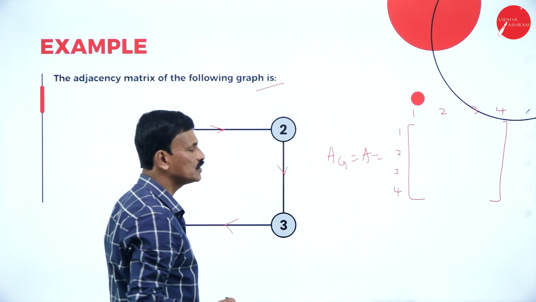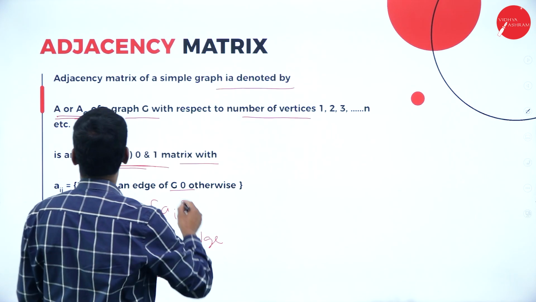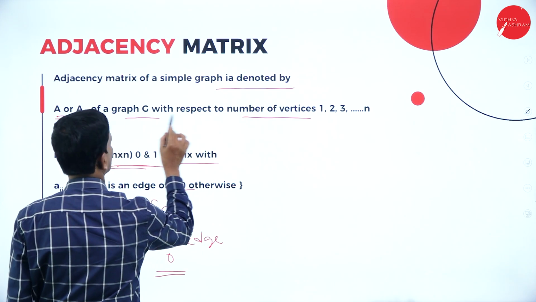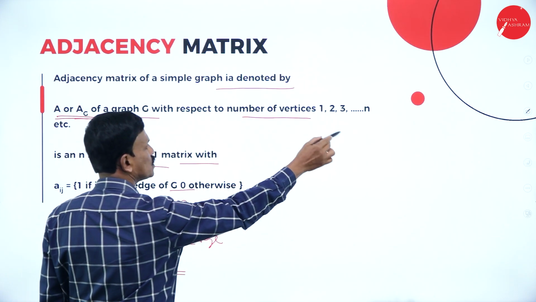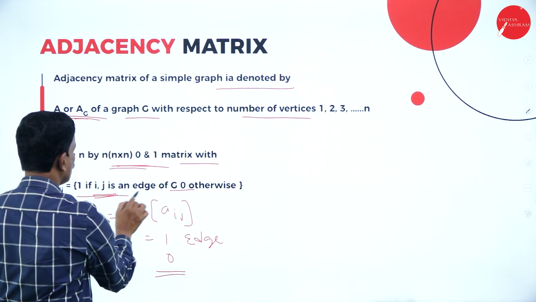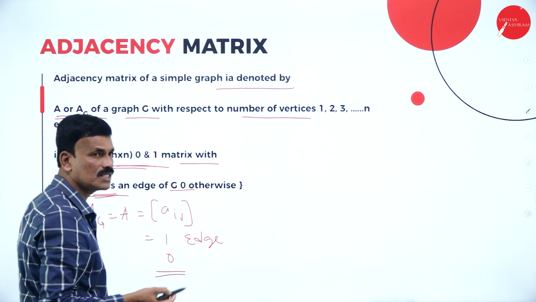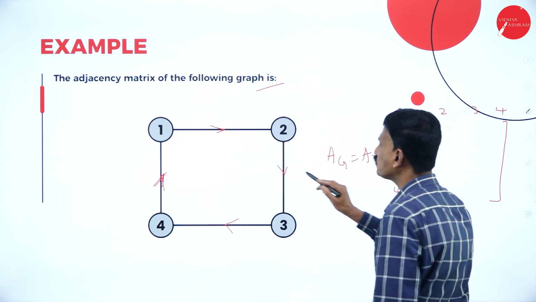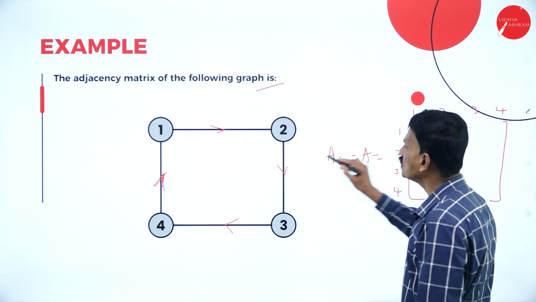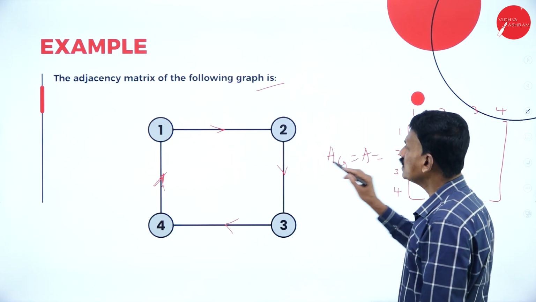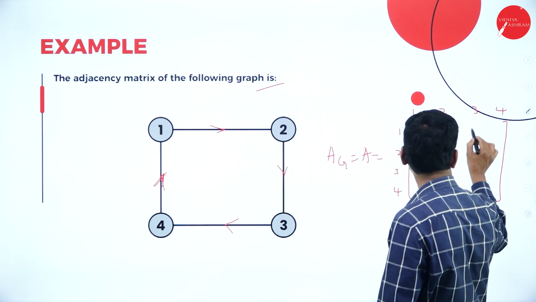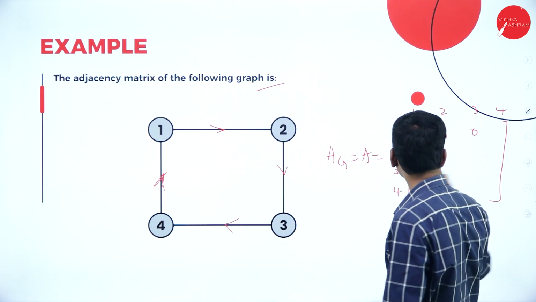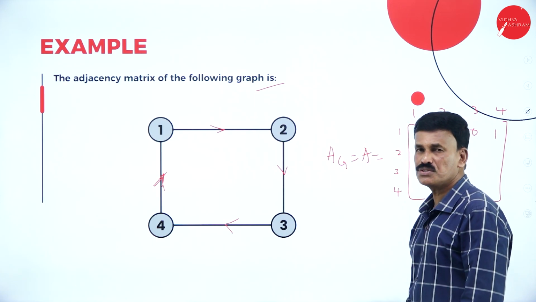Now, according to the definition, the adjacency matrix of a simple graph is based on the number of vertices. If it is an edge, then it is 1, otherwise it is 0. Here 1 to 1 there is no edge, 1 to 2 it is 1, 1 to 3 it is 0, and 1 to 4 there is 0, giving the row 0, 1, 0, 0.